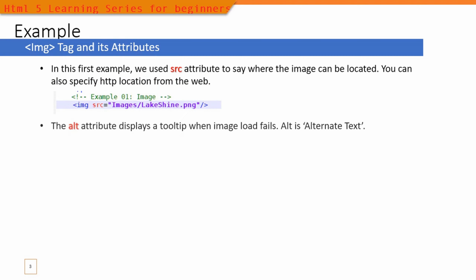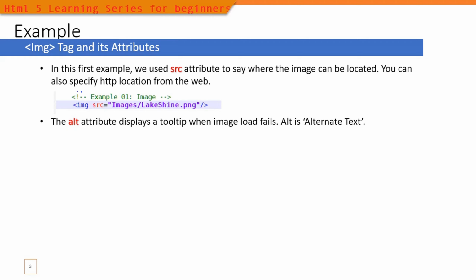Alright. The alt attribute displays a tooltip when image load fails. So as already told, the src attribute can point to an image in local computer as well as World Wide Web. So there may be multiple reasons for an image load to fail.